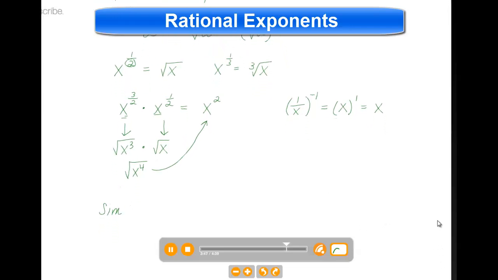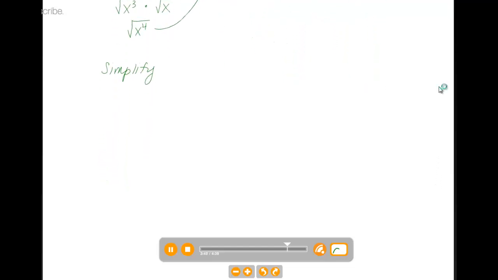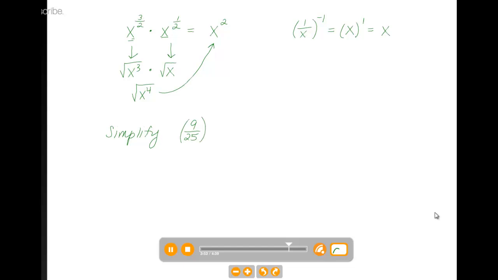Let's simplify 9 over 25 to the -1/2 power. So I just gave you this little reminder about negative exponents. So here we have a negative exponent that already is a fraction, so I'm going to take its reciprocal, so it's 25 over 9, and I'm going to make that exponent positive.